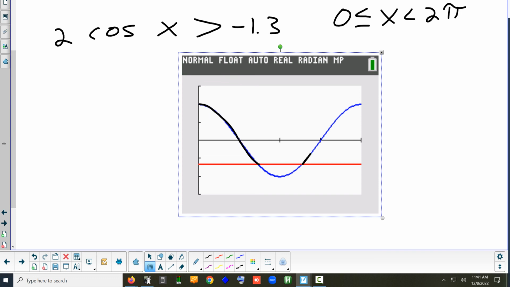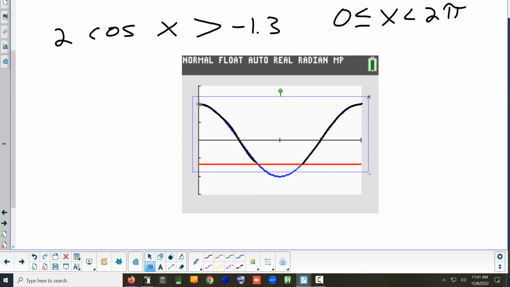And we need to describe this section. Now, when we describe it, would this be an open circle or a closed circle? Open. We cannot include where they cross because it says it has to be greater. How about on the beginning of interval number 2? That would also be an open circle.